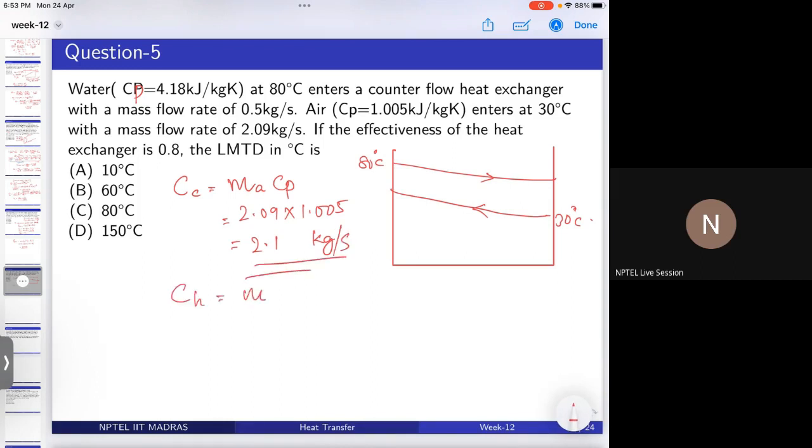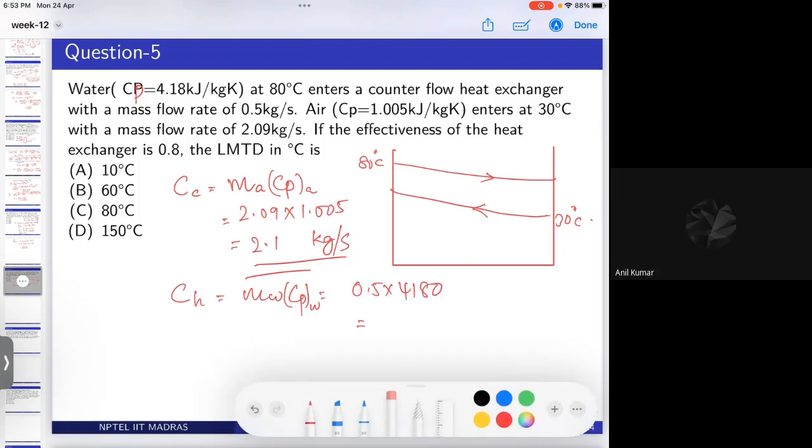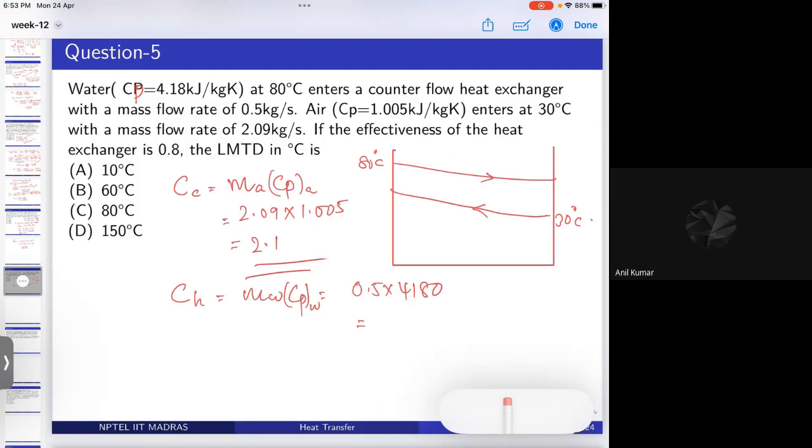That is mass of water times Cp of water, which is 0.5 into, what is this answer? So that is also 2.1. Okay, so both are the same, right? The heat capacities are the same.